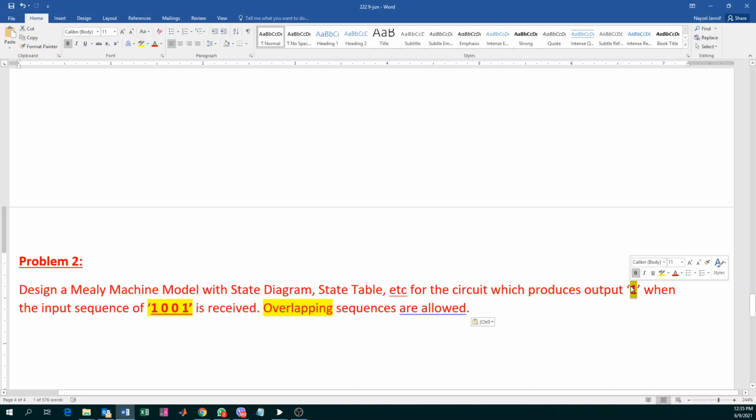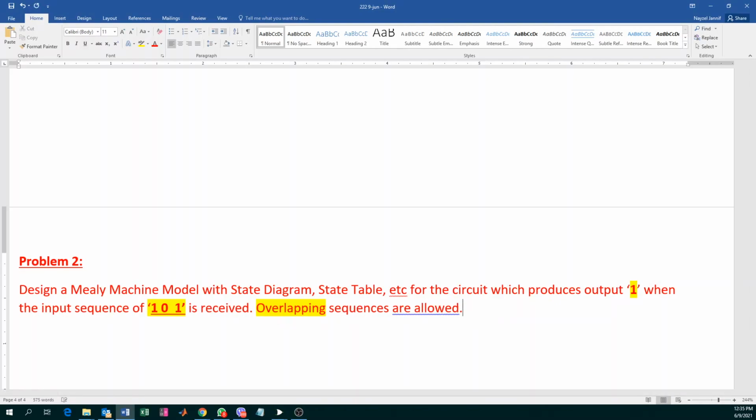The output should be 1, and let's say the sequence is 1 0 1 0.